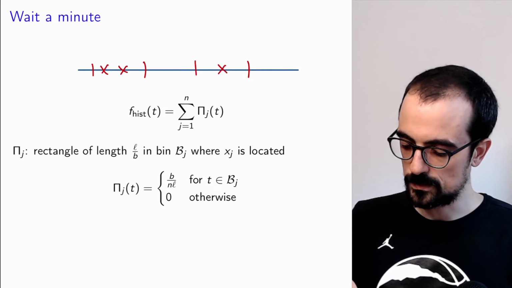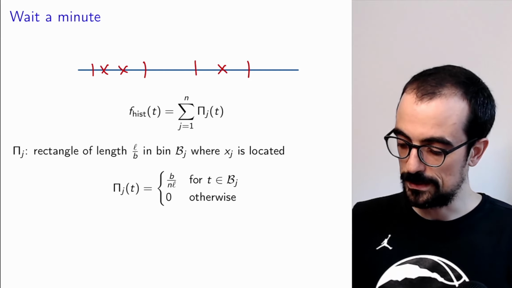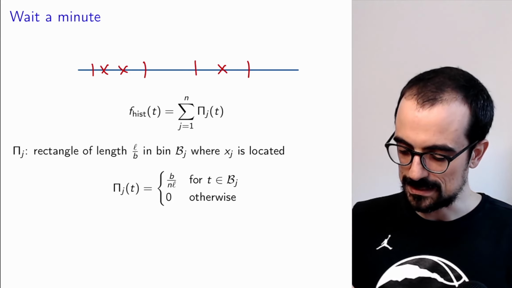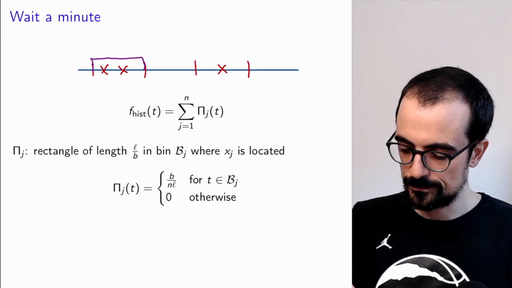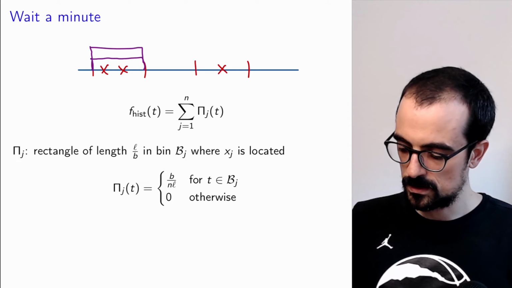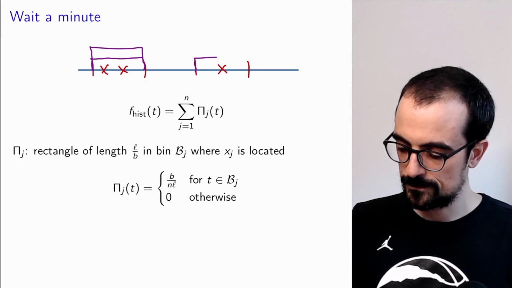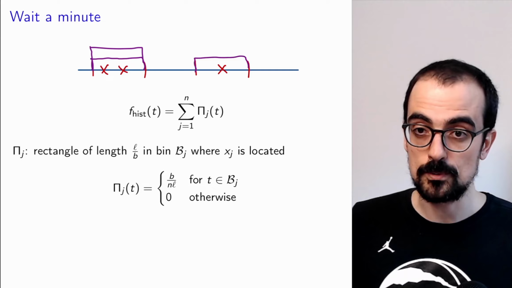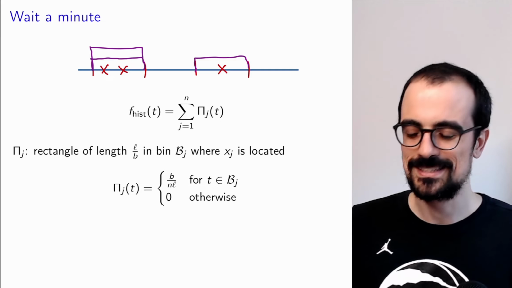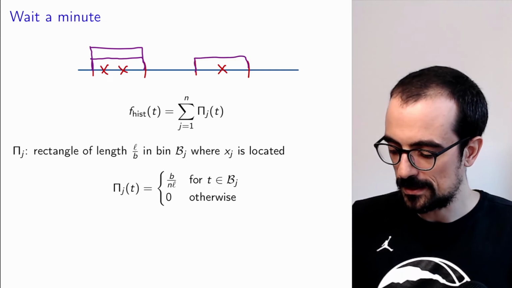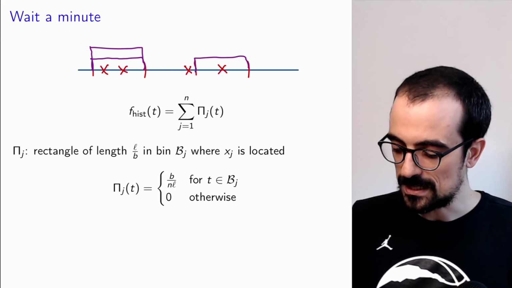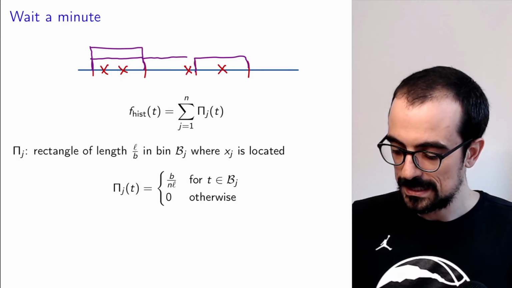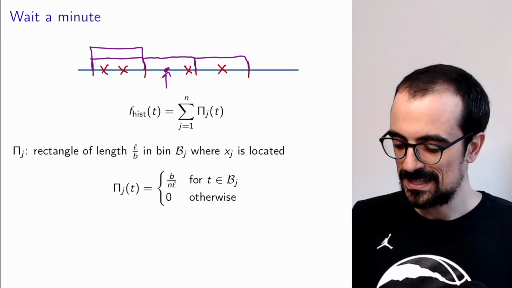To build the histogram, we're adding a rectangle per point. But now imagine that a data point ends up being here. The rectangle corresponding to that data point is centered at the center of the bin.